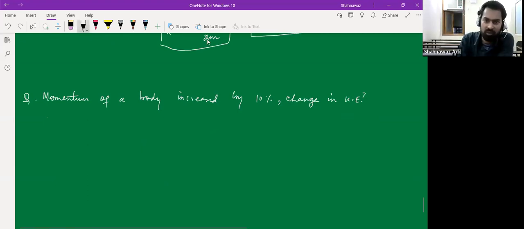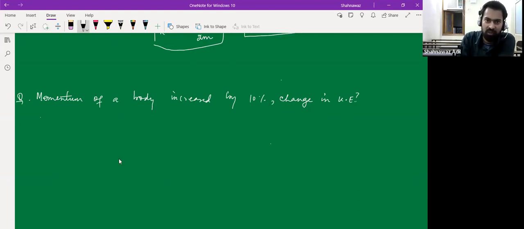Okay, so the change in kinetic energy. Let's say your initial momentum was P. The final momentum, P prime, will be P plus 10% of P, since the momentum is increased by 10%.